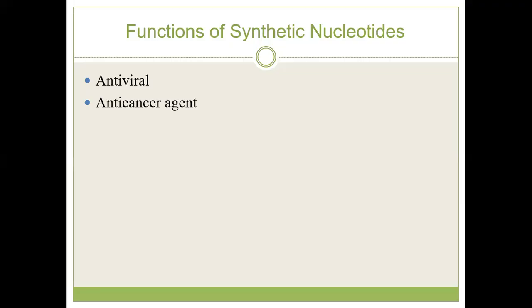So what happens? In the cancer cells, there is uncontrolled cell division. And for this uncontrolled cell division to take place, there must be a continuous synthesis of DNA, because for a cell to divide, there must be a copy of DNA, of genetic material. When a cell divides, it makes a duplicate copy of everything.